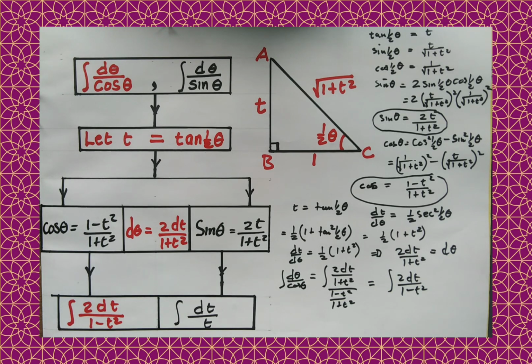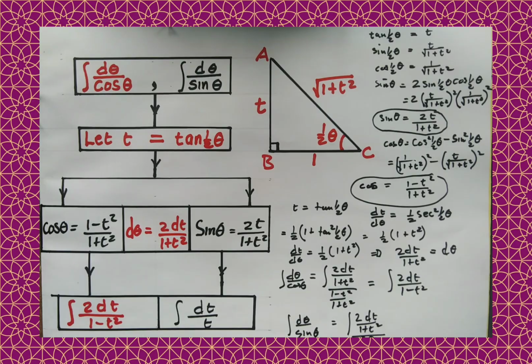What about our sine of theta? The integral of d theta over sine of theta, we can write this as 2 dt over 1 plus t squared, all divided by our sine of theta. Remember, it's 2t over 1 plus t squared.